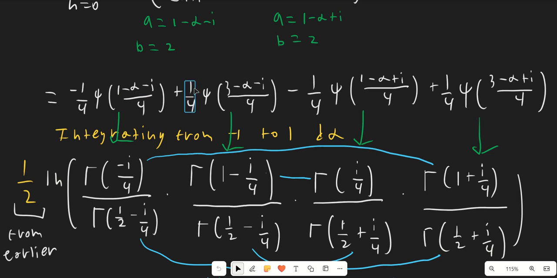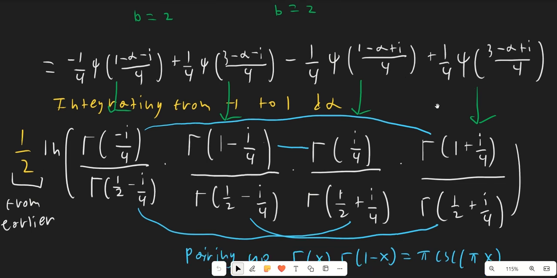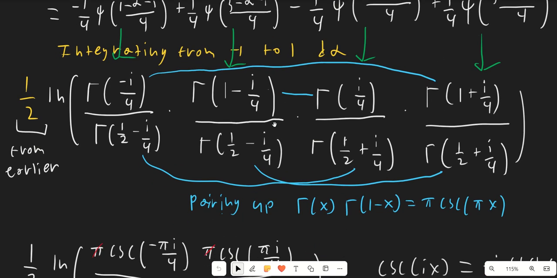Then we also get gamma of 1 minus i over 4 over gamma 1 half minus i over 4. From this term, we get gamma of i over 4 over gamma 1 half plus i over 4. And from this term right here, we get gamma of 1 plus i over 4 over gamma 1 half plus i over 4.